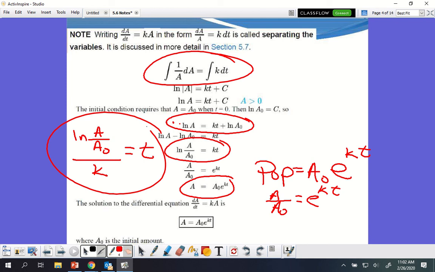My A sub naught would be my initial population right now. So I'd have that and that, and whatever the growth rate of the city is right now, you can look it up, we would have that as k. And that would give me the time in years it would take for us to hit 3 million.